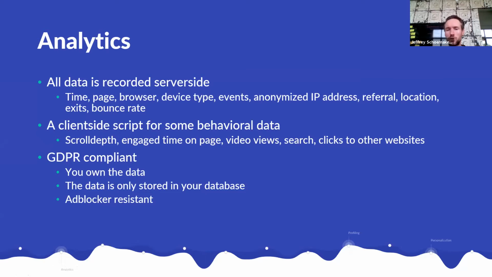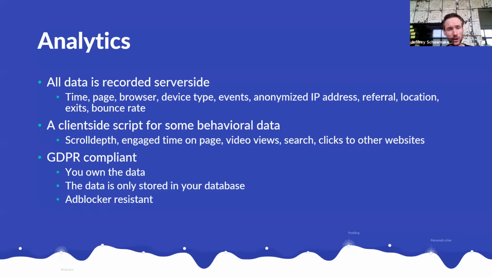We do that by default anonymized because of GDPR reasons, for example, but you have influence on that if you want. We store the referral. We store the location based on the IP address. We store bounce rates, exit pages, stuff you maybe are familiar with already from, for example, Google Analytics.